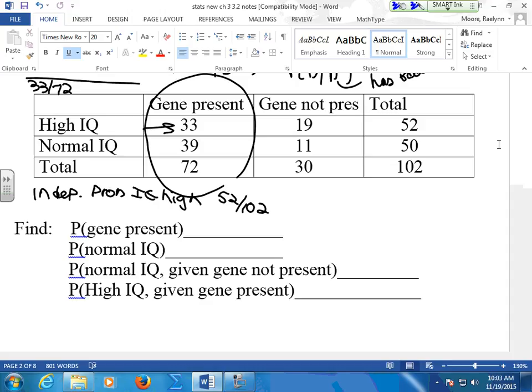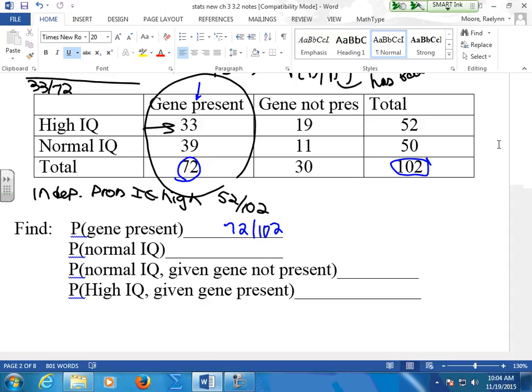Ignore that circle. 72 out of 102. Good. Total gene is present. 72 out of 102. If you take the totals down here over this grand total, these horizontal lines and the vertical lines have to add up to the same totals. It's just the same data, just accounted for differently.